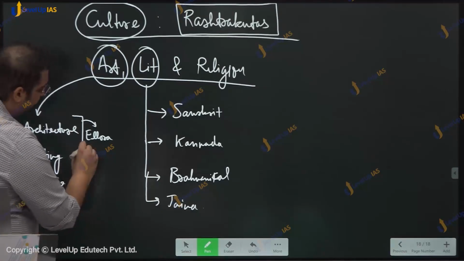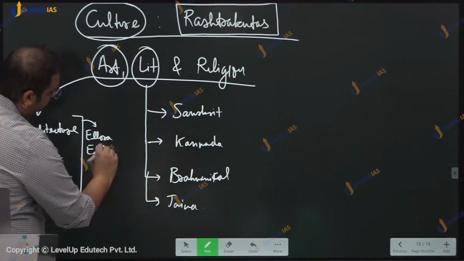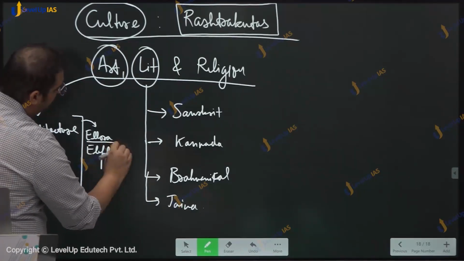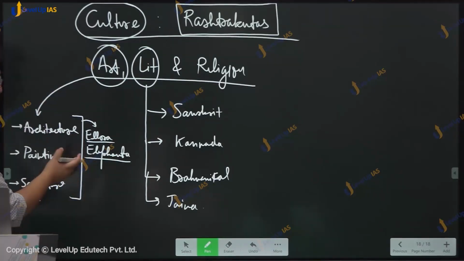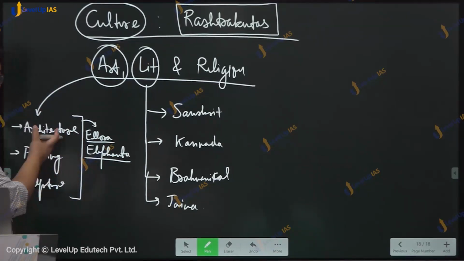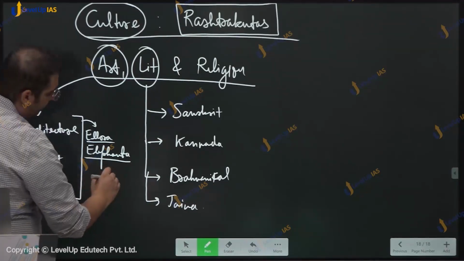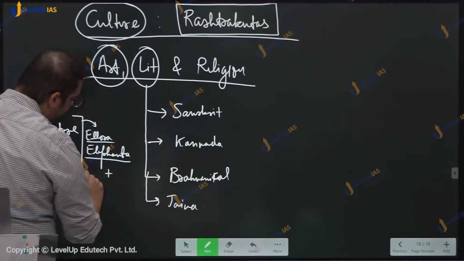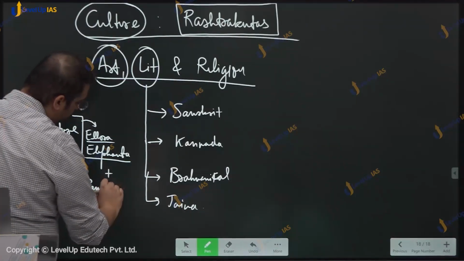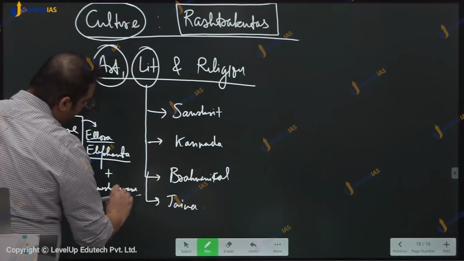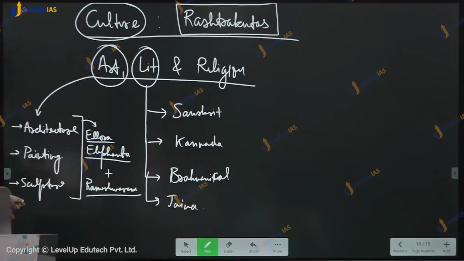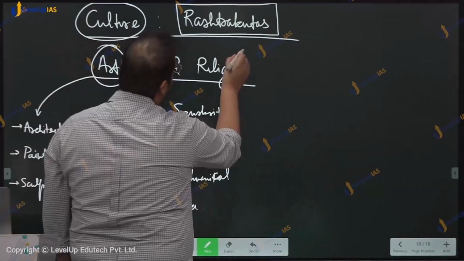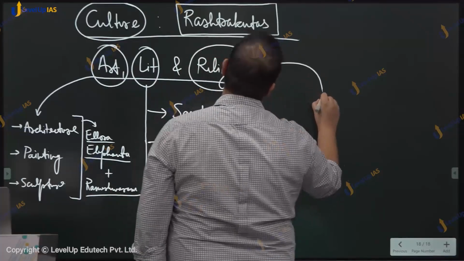Caves at Ellora and Elephanta, find specimens of cave architecture also, cave paintings also and sculptural art as well. Further, we see the development of Dravidian architecture in the form of the temples at Rameshwaram, constructed by Dhruva III after his victory over the Chola ruler Parantaka I. Right? Religion, what do we find?